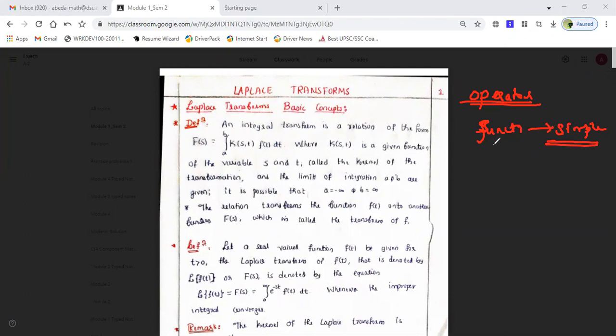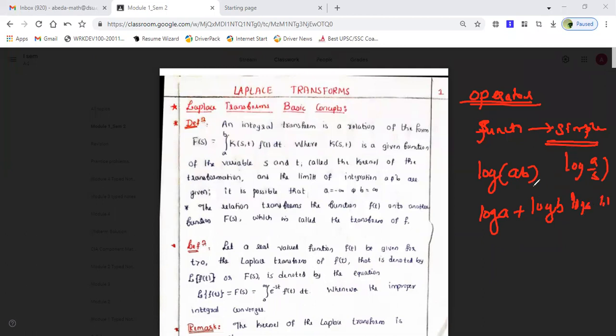For example, with logarithmic functions, say the logarithm of ab, I have one function and I convert this into something simpler, that is log of a plus log of b. Or if you have log of a by b, then it is log of a minus log of b.